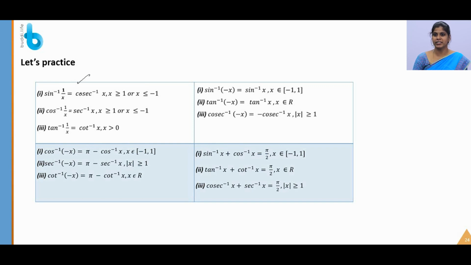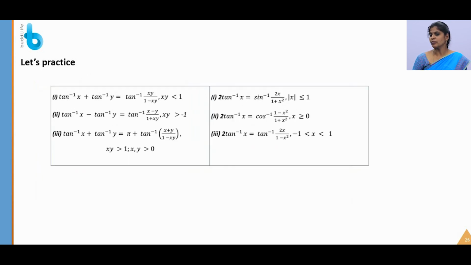See here in this set of identities, the angle is 1 by x, and here for sine inverse, tan inverse and cosecant inverse, for negative angles we have some property, and for cos inverse, secant inverse and cot inverse, for negative angles we have some property, and for sum of the two inverse functions, we have some properties, and we have a few more properties by categorizing according to the left hand side or according to the angles. So get thorough with all these properties to apply in the problems.